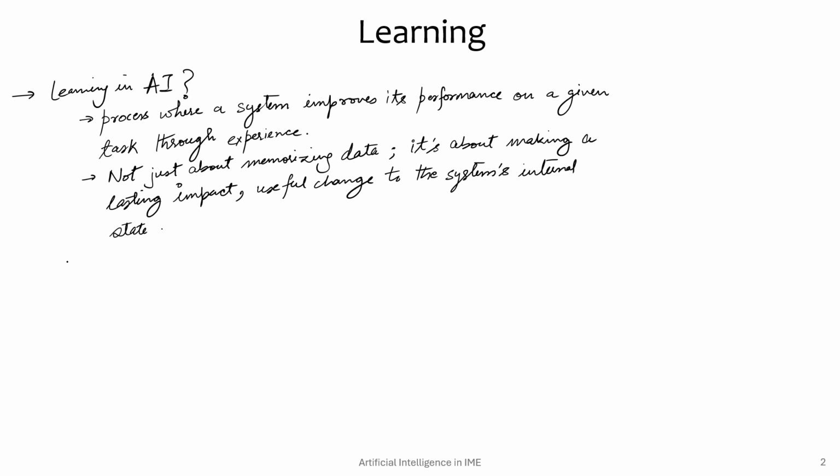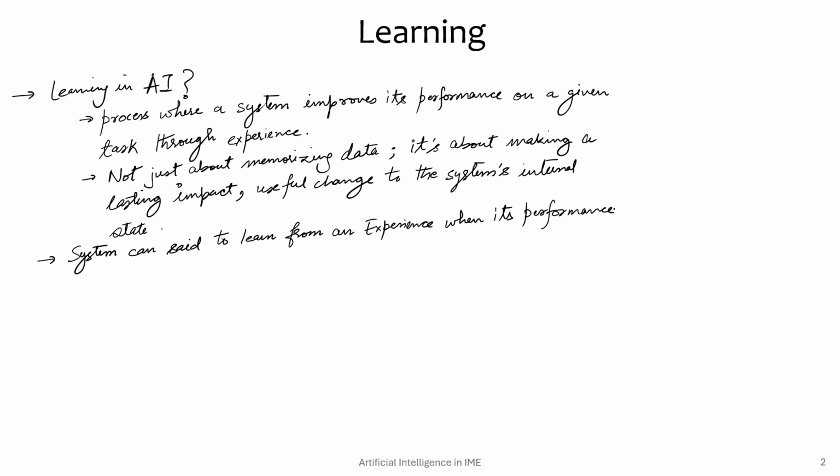A system can be said to learn from an experience when its performance, denoted by P, in a task, denoted by T, gets improved by this experience.